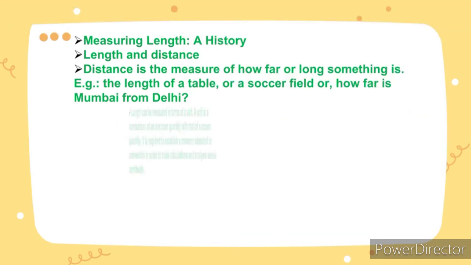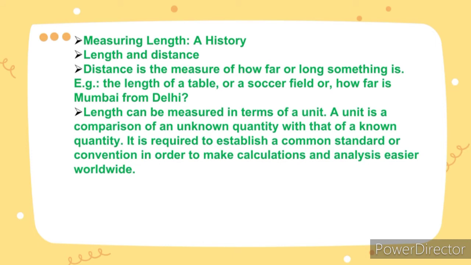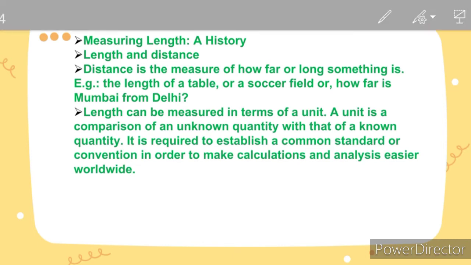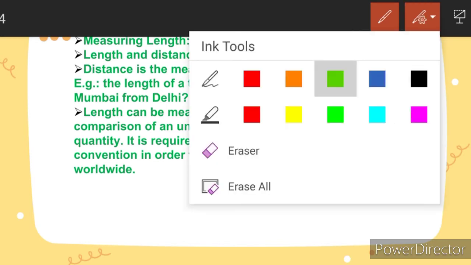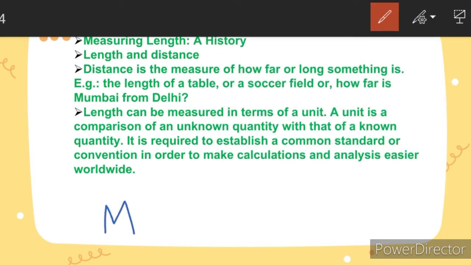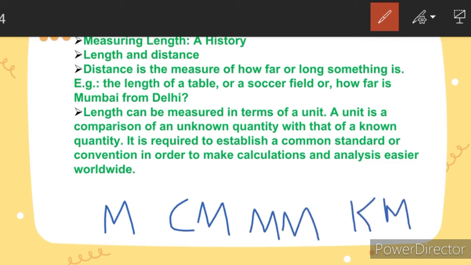Now, length can be measured in terms of a unit. What exactly is a unit? There are some very common and well-known units like meter, centimeter, millimeter and kilometer. First of all, let's go from smallest to highest. Millimeter is the smallest one. Then comes the centimeter, the second.